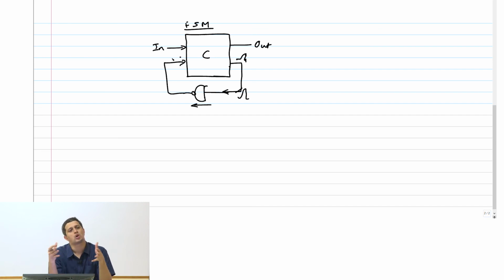The question is, can I just put logic gates like that and make it work? Technically it is possible. The point is that the delay through these logic gates is now a fixed number. So if I have to run it at a different frequency, then I can't do much. The advantage with using something like a flip-flop is I can now get the delay to be actually my clock period.